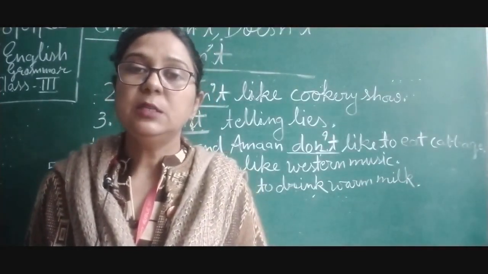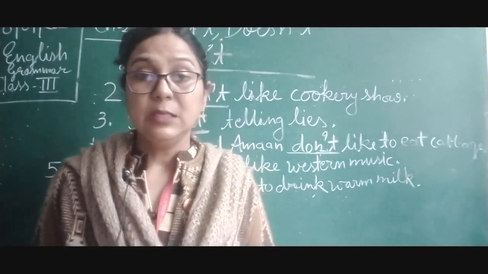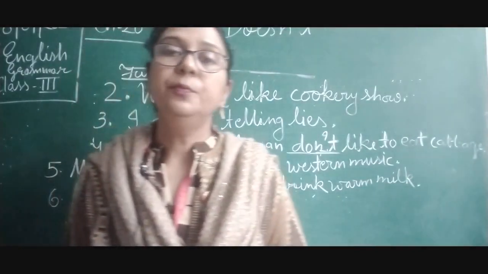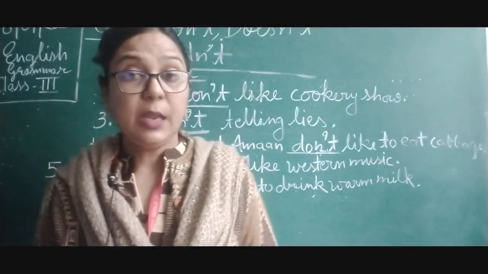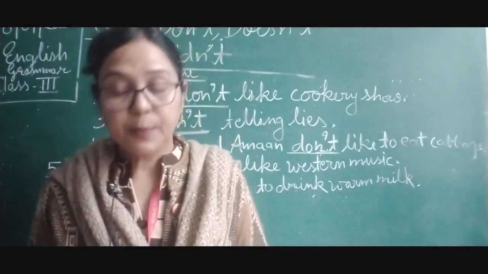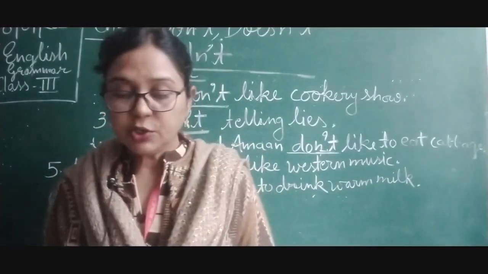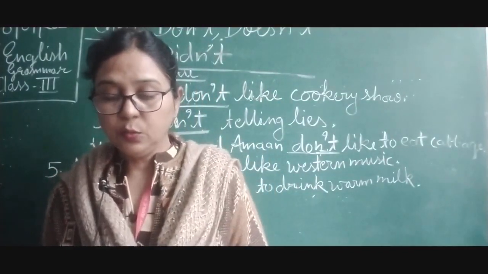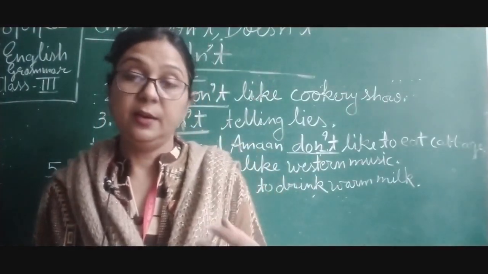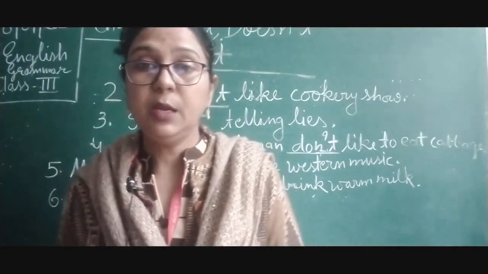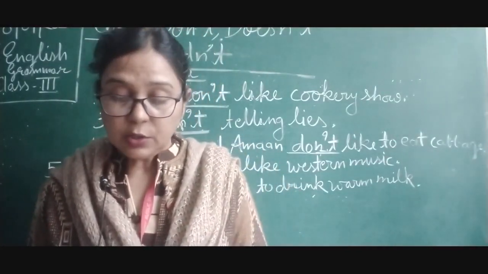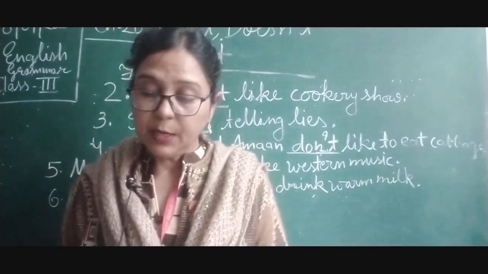So children, this is based on our sudden feeling. This is also the 8th part of speech. An interjection is a word or phrase that you use to express sudden feelings, as I have already described. It is placed at the beginning of the sentence.